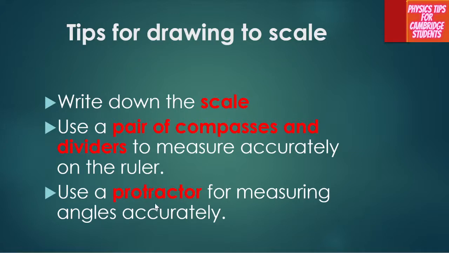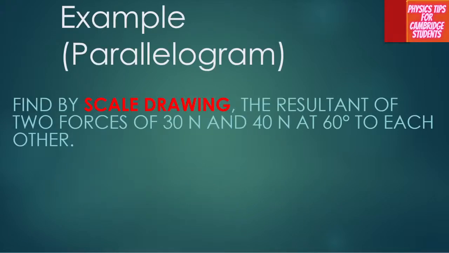You also need a protractor for measuring angles accurately. You also need a pair of dividers, to measure the resultant. I'm going to show you how this is done, so I'm going to move straight to the worked example.